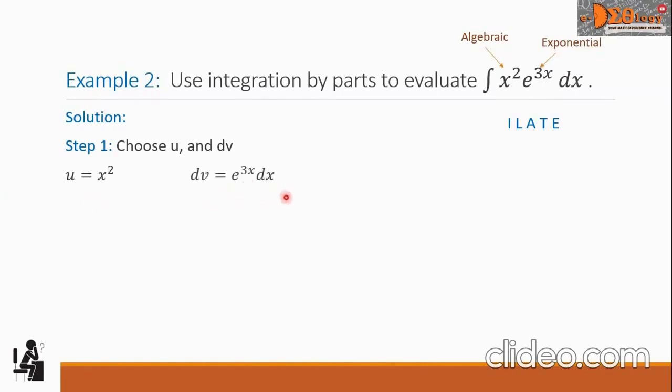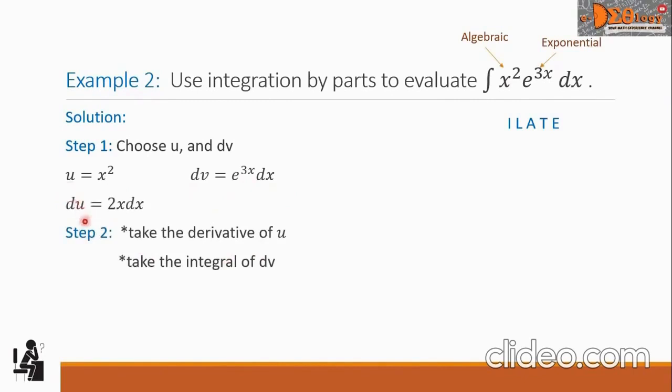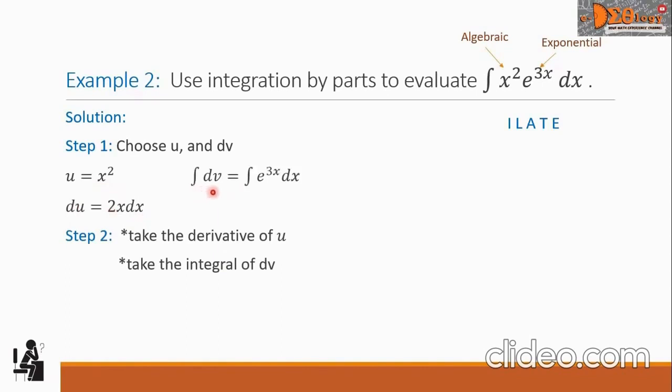Step 2, we take the derivative of u while take the integral of dv. Derivative of u is du equals derivative of x squared, which is 2x dx. Now the integral of dv, and we will get v equals the integral of e raised to 3x dx. We have a special formula for this integral of exponential.